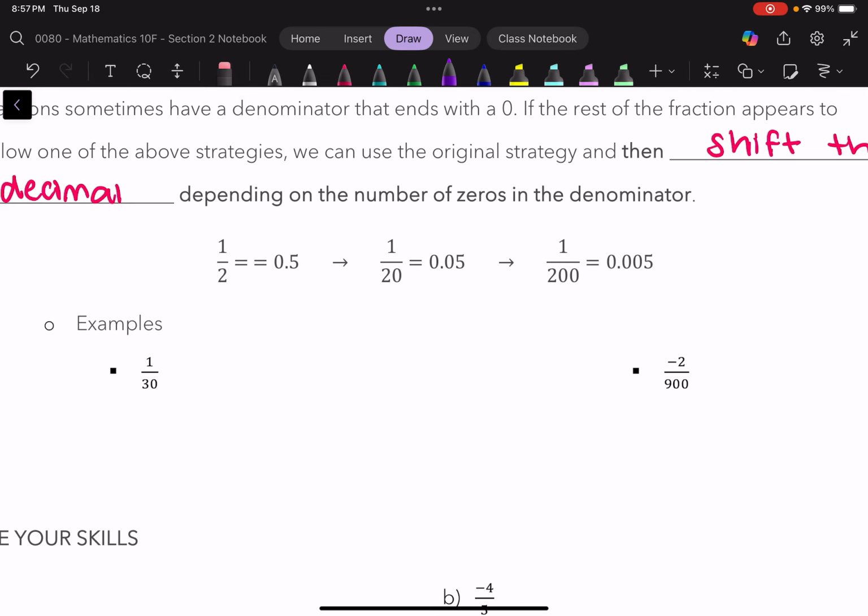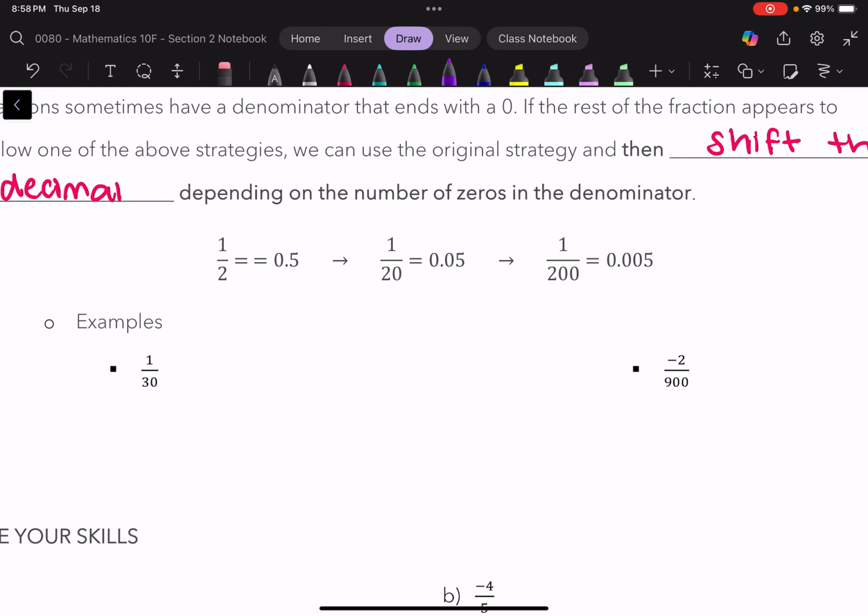Here's an example that we have about 1/2. Now 1/2 is one of those sight fractions where I look at 1/2 and without even thinking, I immediately know the value is 0.5. Now that's great. I'm pretty happy about it. Life is good. But look at 1/20.